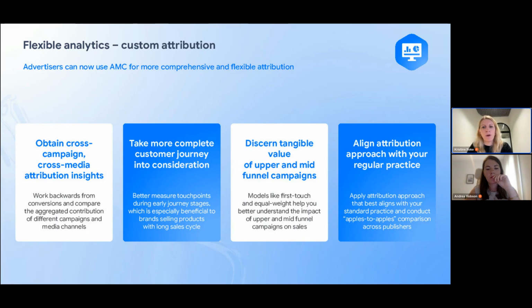It's especially powerful for brands with longer sales cycles, helping to quantify the real impact of awareness and consideration campaigns. Think, for example, about categories like home appliances and electronics, where the purchase decision isn't immediate. Users need a longer time to decide to buy.